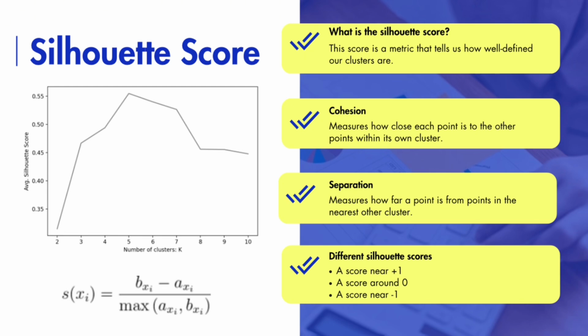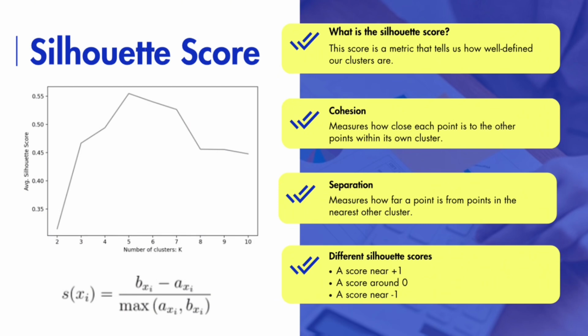But why is this silhouette score so helpful? It's a clear, straightforward metric that gives us a numerical value to evaluate clustering quality. We can use it without needing labeled data, so it's ideal for unsupervised learning, and it's compatible with any clustering algorithm, not just k-means.